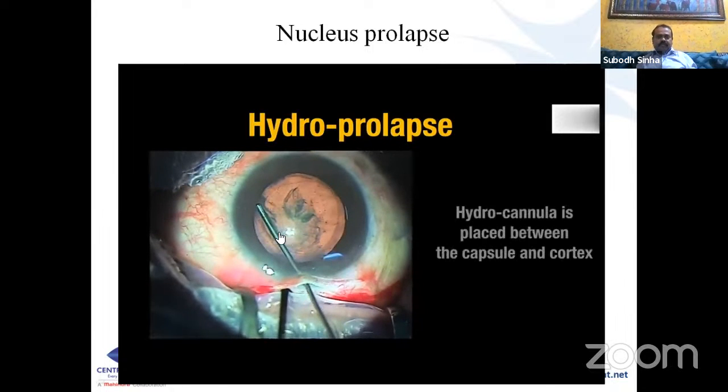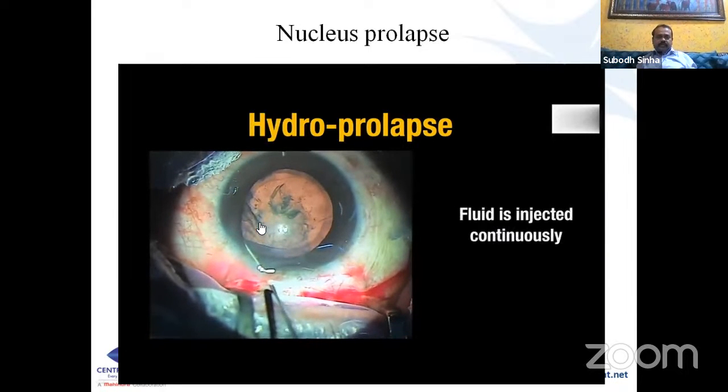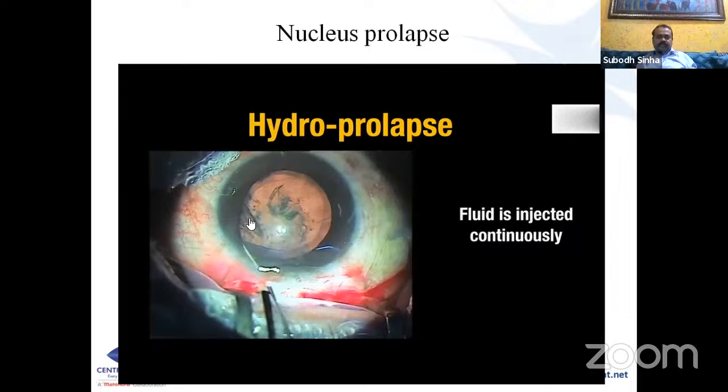This is the hydroprolapse. You are putting the cannula here. You are injecting the fluid.